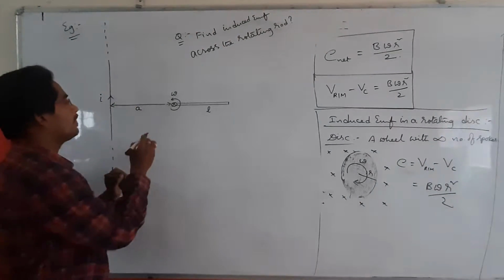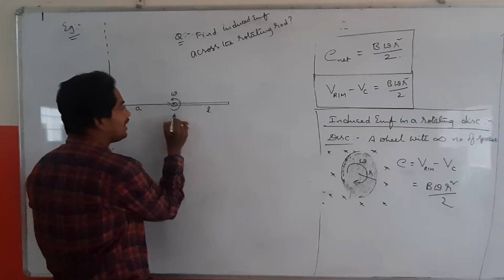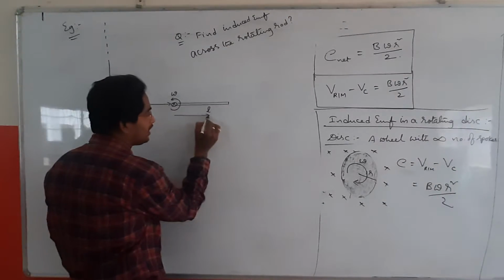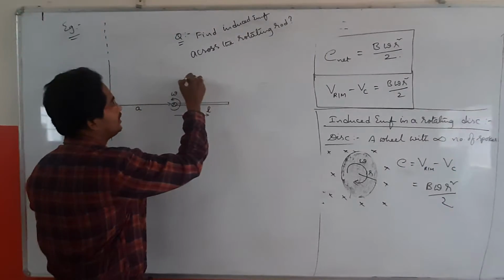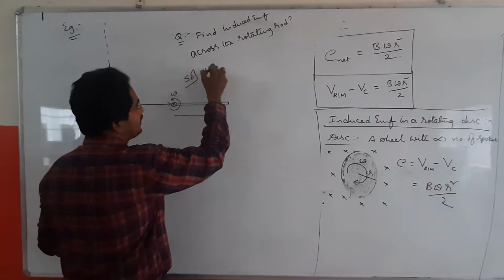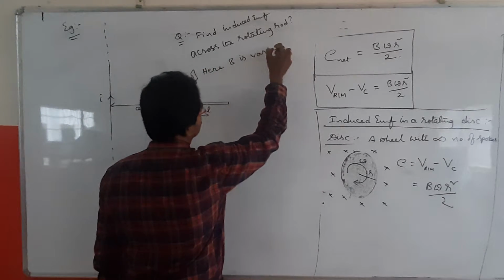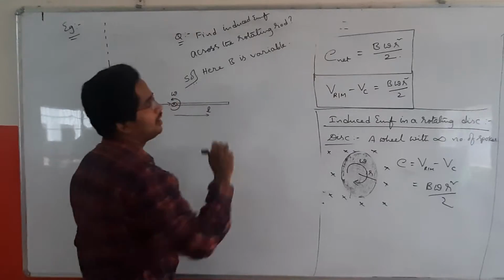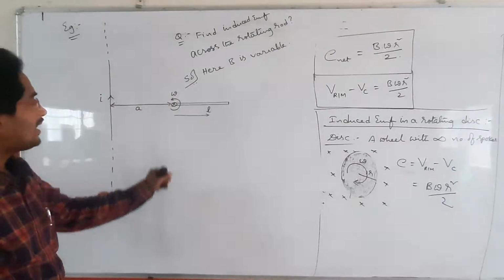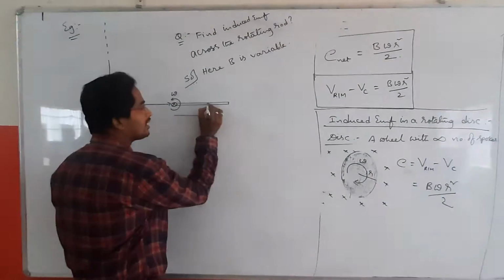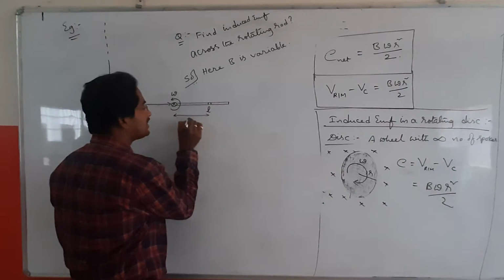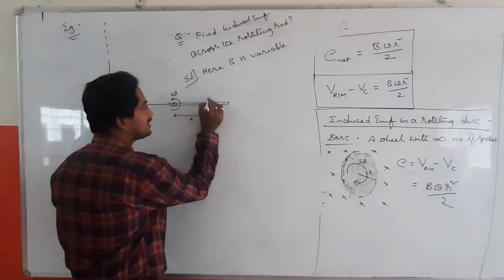From this hinge point I am taking a small element, because B is variable here. We take a small element on the rod at a distance of x, with length dx.